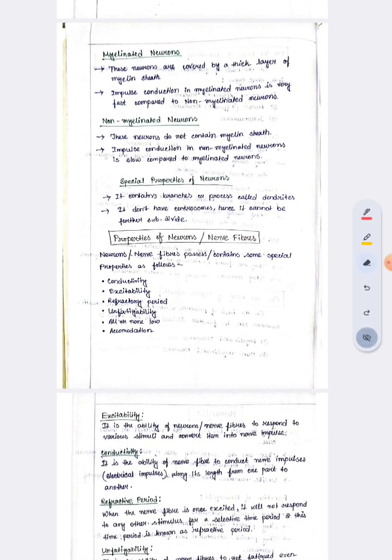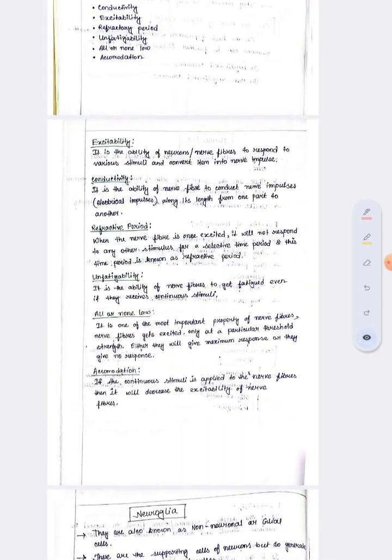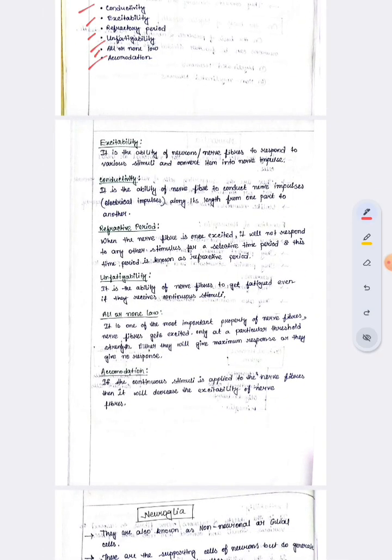Special properties of neurons: conductivity, excitability, refractory period, fatigability, all or none law, and accommodation. Excitability is the ability of neurons or nerve fibers to respond to various stimuli and convert them into nerve impulse.